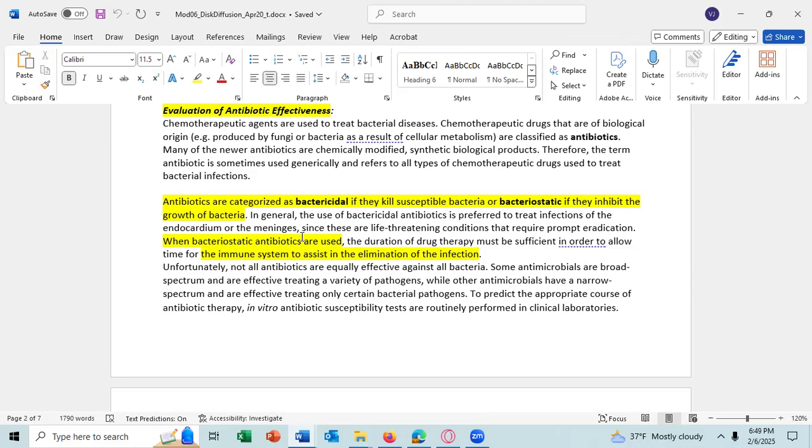If we're using a bacteriostatic antibiotic, we rely on the host immune system to assist in the elimination of infection. You apply the bacteriostatic antibiotic, and that prevents the bacteria from growing, but it does not kill the bacteria. And so if you were to stop applying the antibiotic, the bacteria will continue growing.